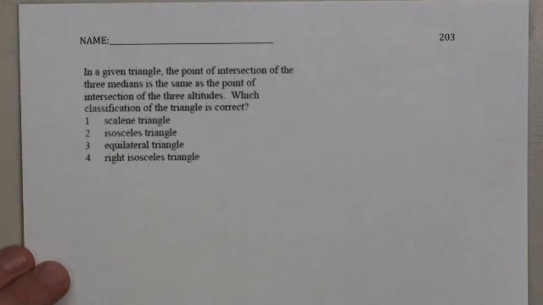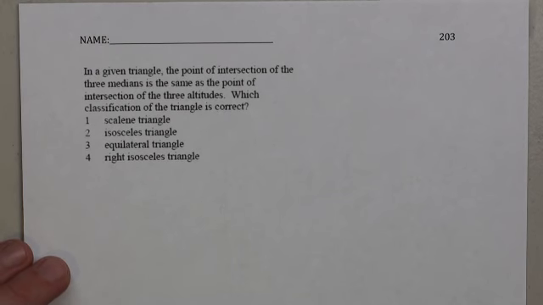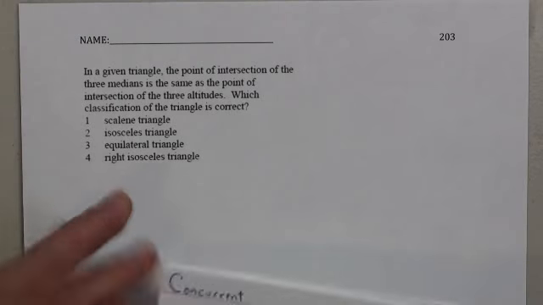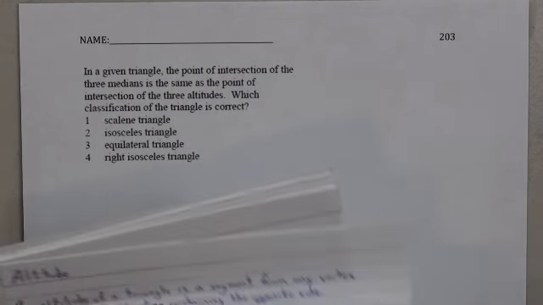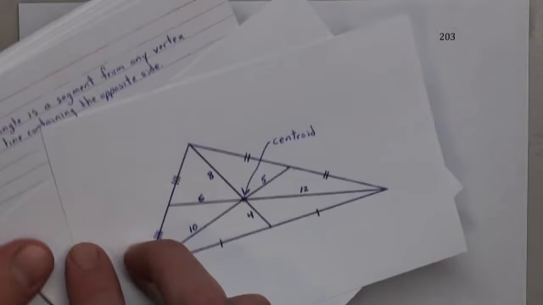So this one is just choice 3. In a given triangle, the point of intersection of the three medians is the same as the point of intersection of three altitudes. Which classification of the triangle is correct? Let's see here. So the three medians, that was centroid, right?